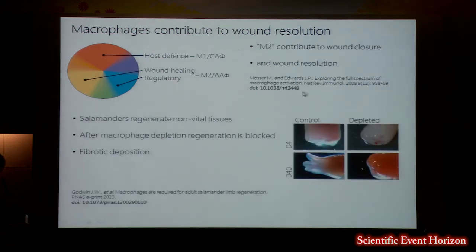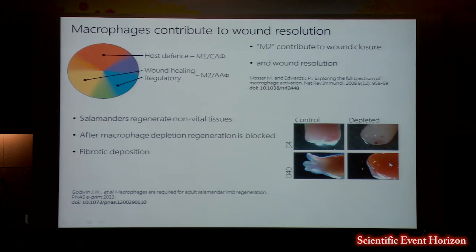But there's also another nice paper that really clearly demonstrates the importance of macrophages in wound resolution. As I've said previously, salamanders are capable of regenerating non-vital tissues. So in this paper, they depleted the macrophage count in a salamander and then chopped off one of its limbs. After 40 days in the control salamander, the limb regenerated completely normally.